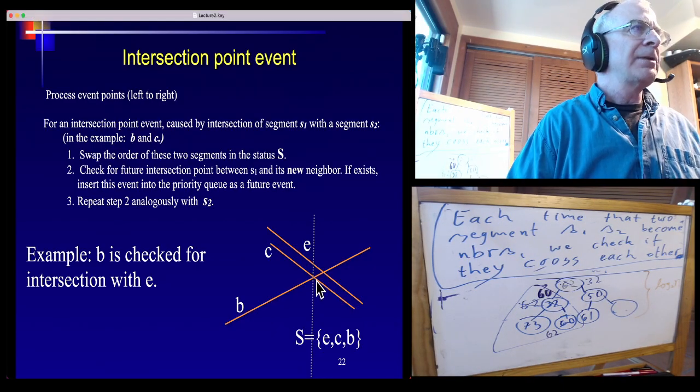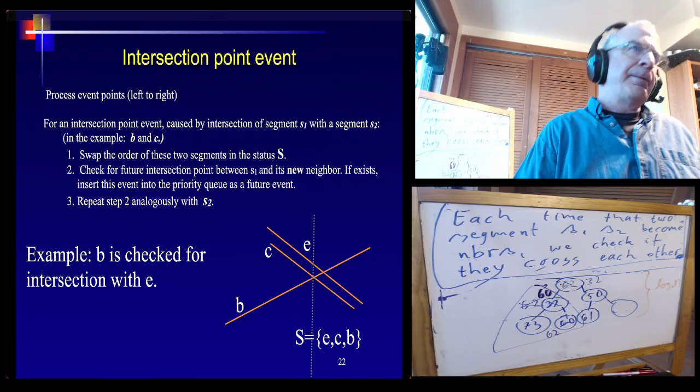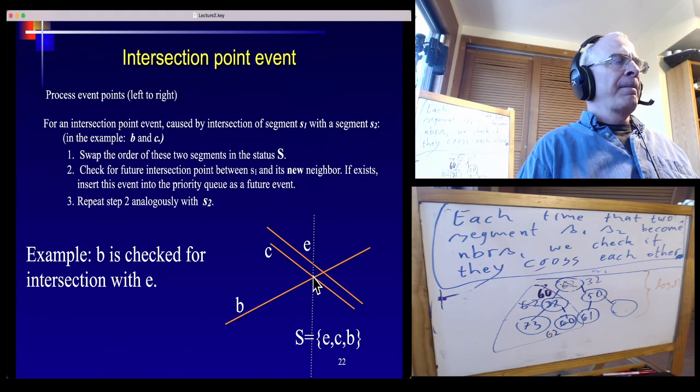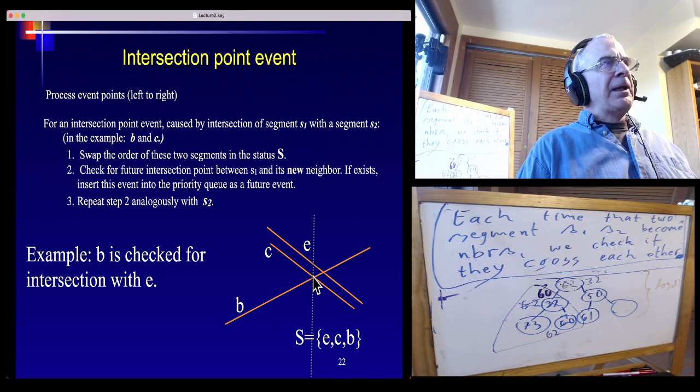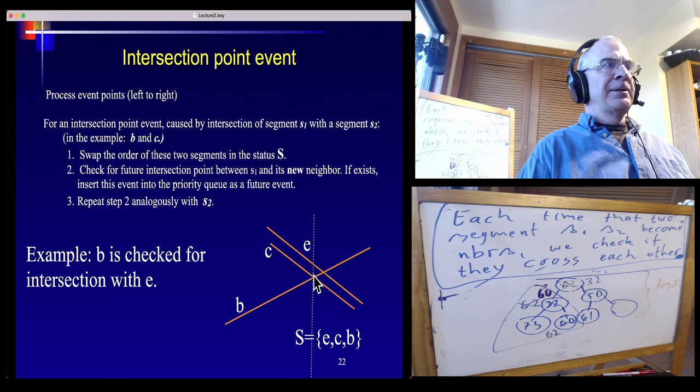So when my line sweep hits a crossing event, what happens? I need to report it if my goal is to report all the intersection points. And I also have new pairs of segments that are just becoming neighbors, correct?